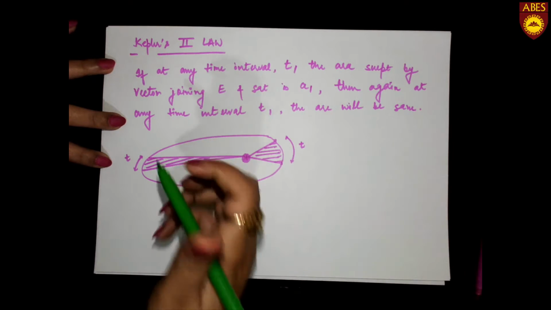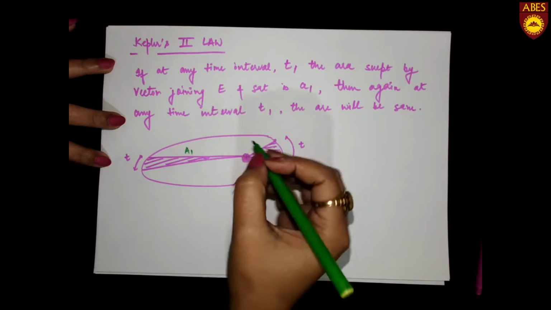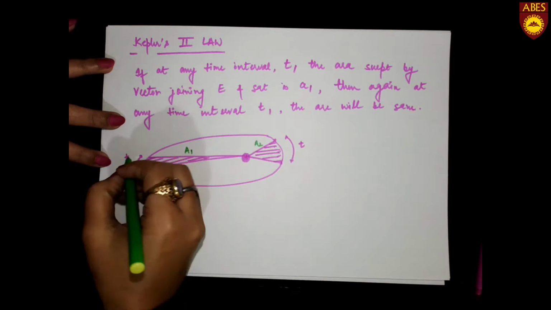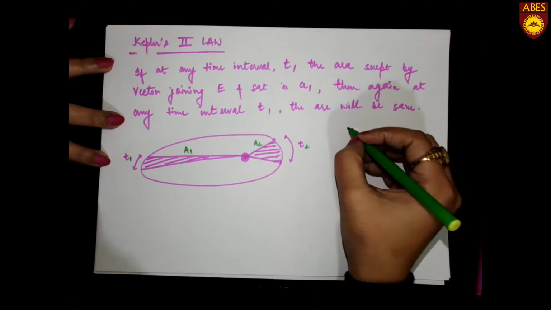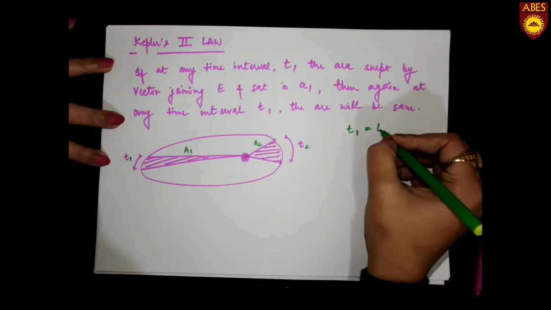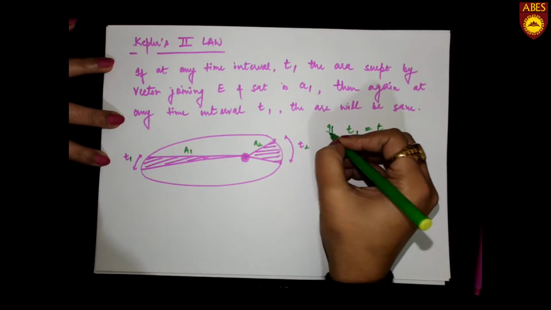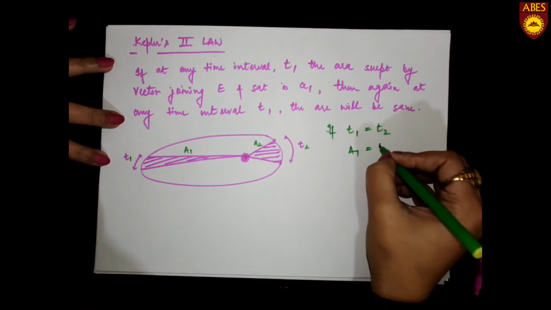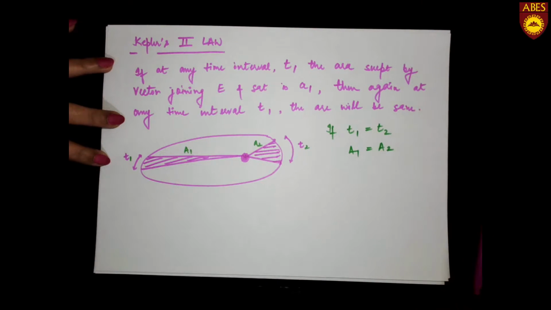That means if this is A1 and this is A2 and this is T1 and T2, so if T1 is equal to T2, A1 has to be equal to A2.